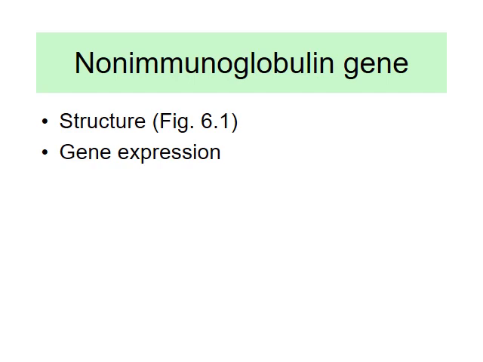So we need to understand three important aspects of the gene. Number one is that there are variable and constant regions of the immunoglobulin gene, and they are all coded by different genes. There are different variable regions, which we call V regions, and they can be linked to a single constant region.